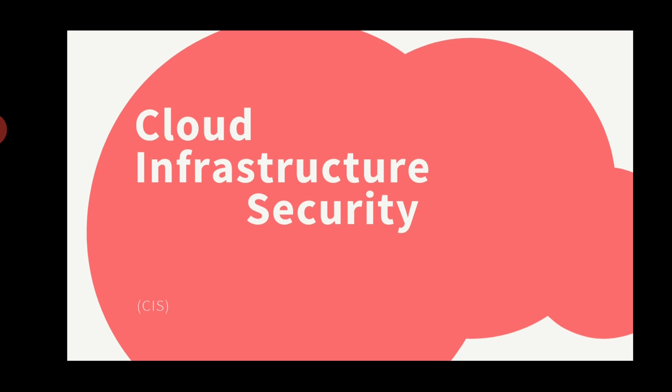When we are using public clouds, the scope of cloud infrastructure security is limited to the layers of infrastructure that move beyond the organization's control into the hands of service providers, like infrastructure as a service, software as a service and platform as a service.